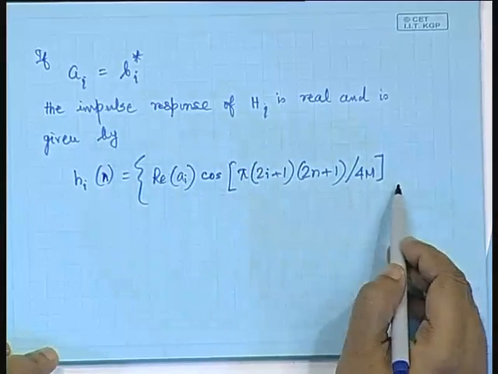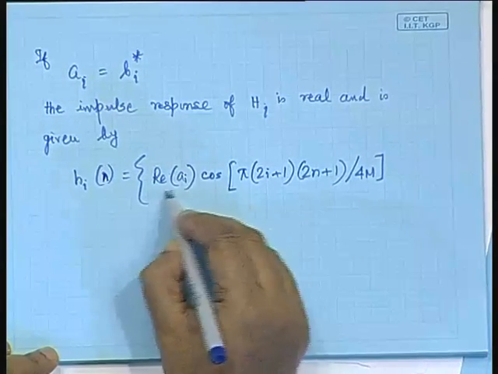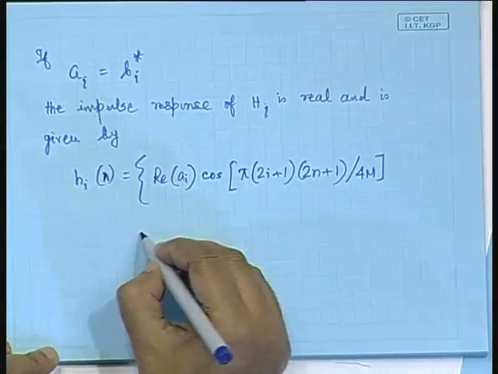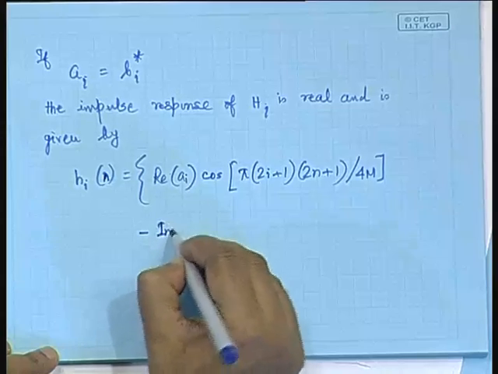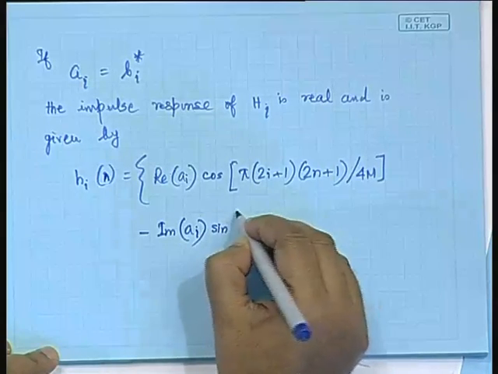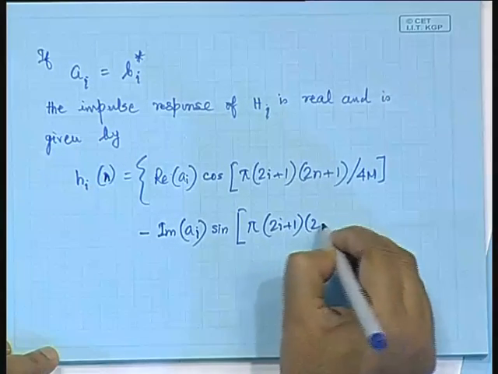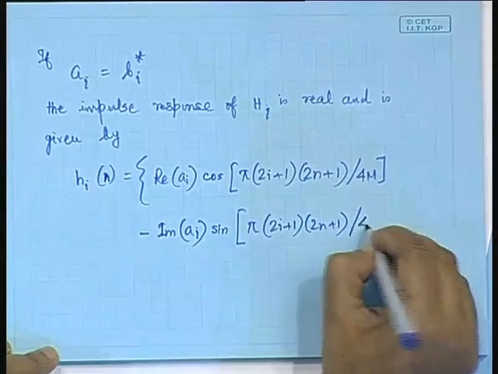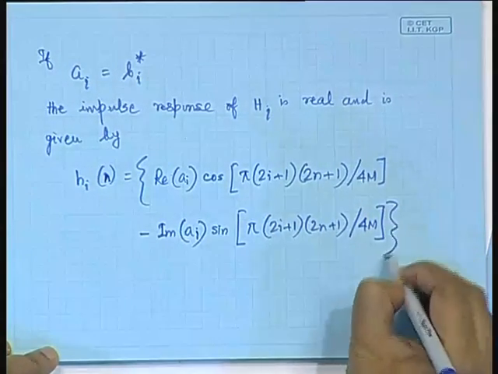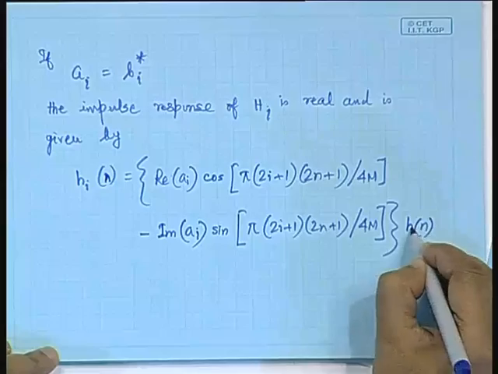This is the real part of it, out of the multiplication with the real part of A_i. Minus the imaginary part of A_i, which has to be multiplied by the sine of pi (2i plus 1)(2n plus 1) divided by 4m. Not only the square bracket ends, but also the curly bracket ends. And this is multiplied by h(n).